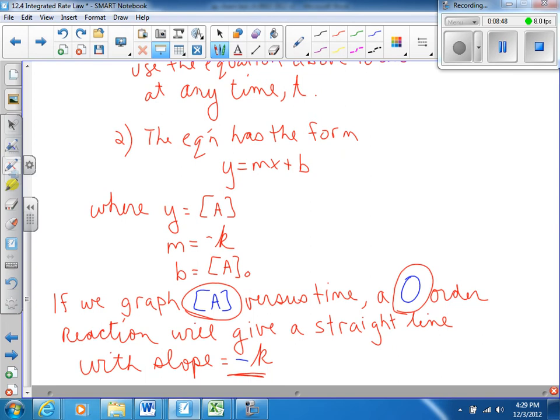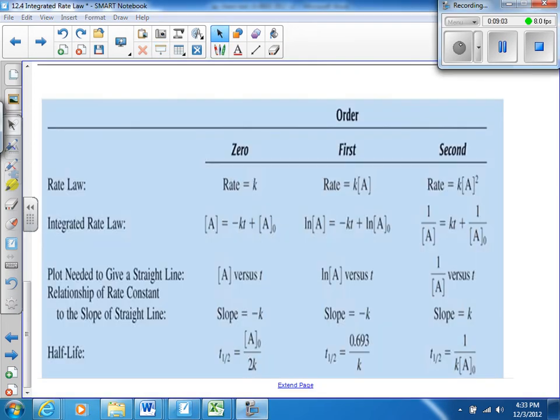So if we have concentration versus time data, we can plot concentration versus time, log of concentration versus time, 1 over concentration versus time. We see which graph gives us a straight line, and that gives us the order of the reaction. So I skipped ahead in the notes a couple pages. This is just a quick summary of all that I just showed you.